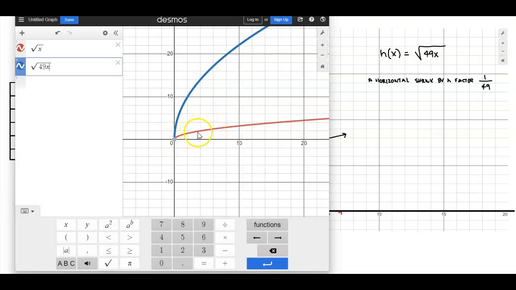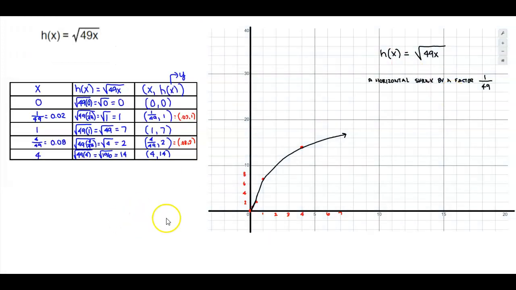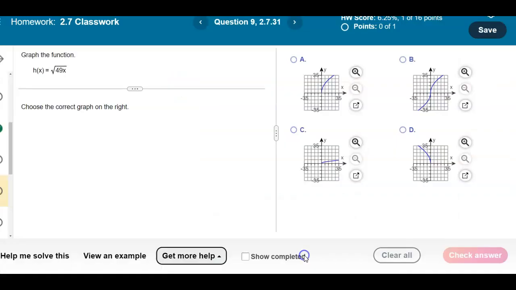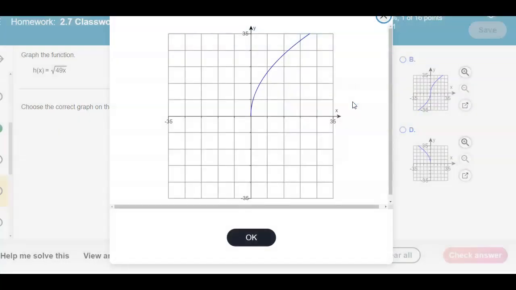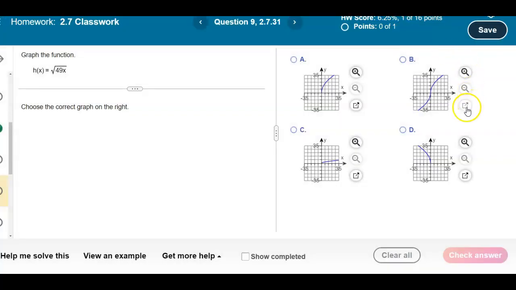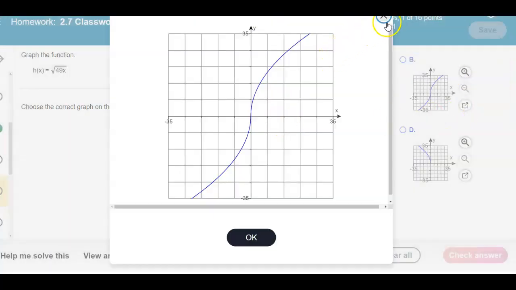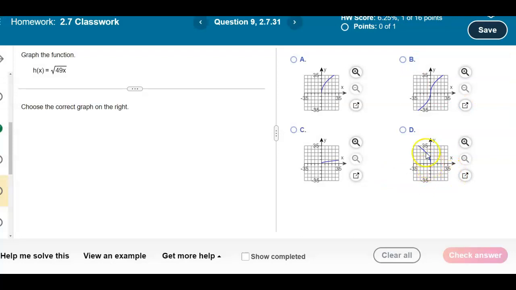See, this is moving here slower, but this is a horizontal shrink. So let's take a look at our examples that we can choose from. So is it A? Is it B? Doesn't look like it's B. Doesn't look like it's D because it's going that direction. Doesn't look like it's C, so it looks like it's A. Let's check our answer, and there is our result.